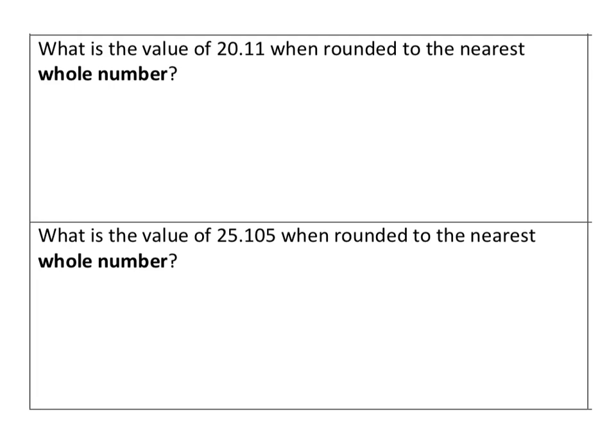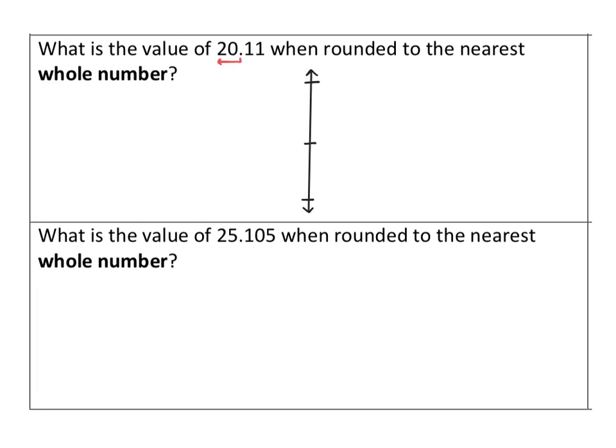Now let's go to the next problem. What is the value of 20 11/100ths when rounded to the nearest whole number? So again, I'm going to make my vertical number line with the number that I can round down to and the number I can round up to and my midpoint. So we can see that the whole number, the number before the decimal, is 20.